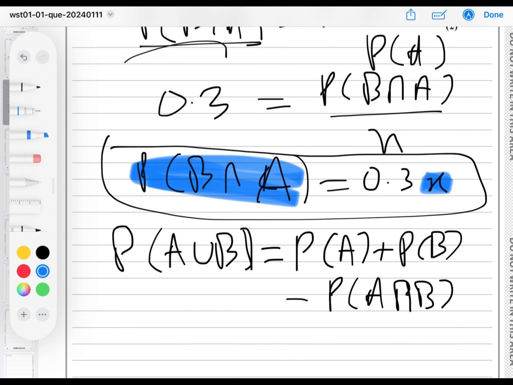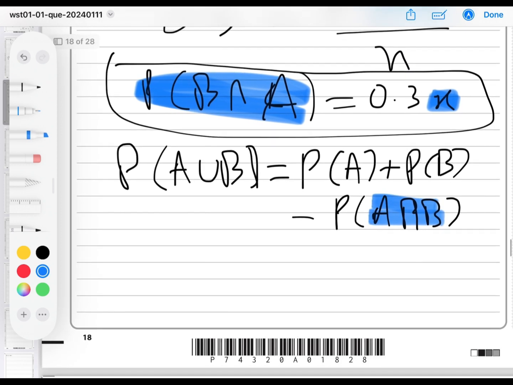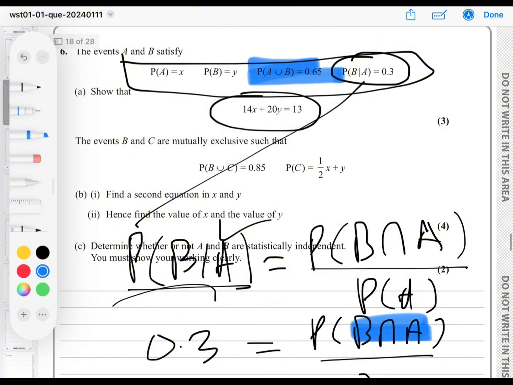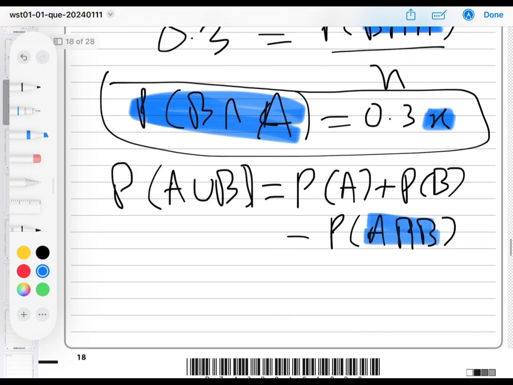It's the same thing, either we write it like this or like that. Now you can see in the question that A union B is given, so A union B is 0.65.